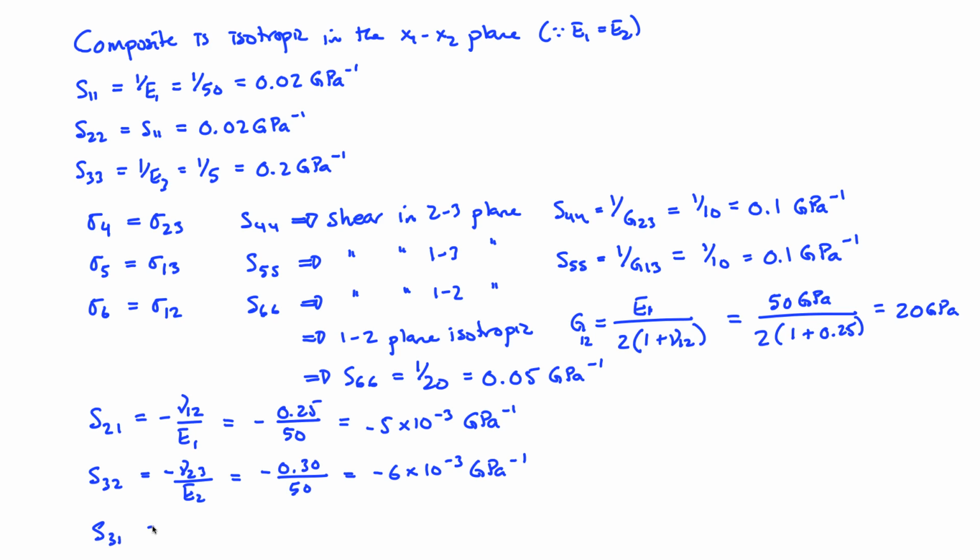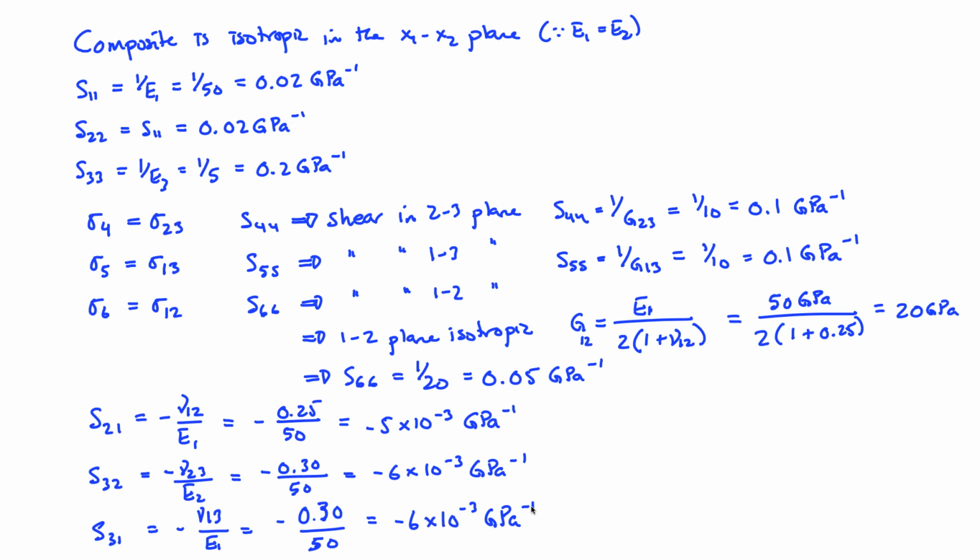And then the last constant we're looking for is S31, which is minus nu13 over E1, and that's equal to minus 0.30 over 50 again. It's a 3 there, that's a 50 there, and that's minus 6 times 10 to the minus 3 gigapascals to the minus 1.